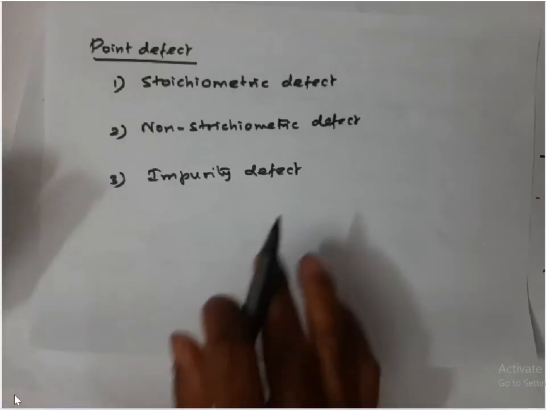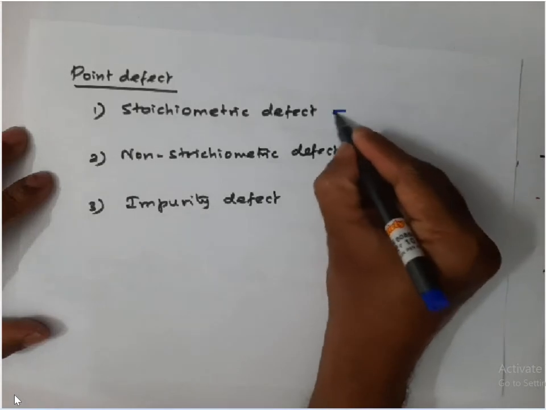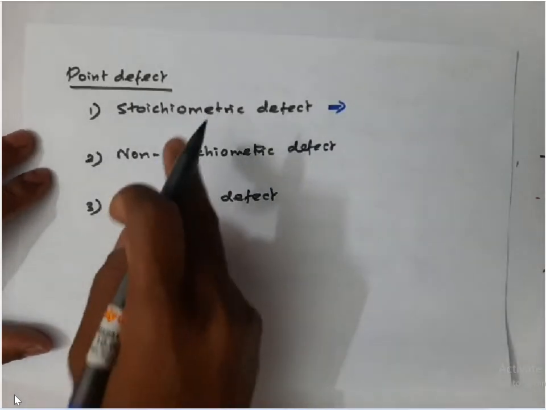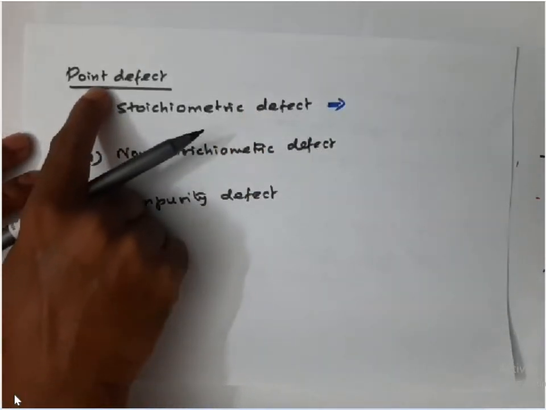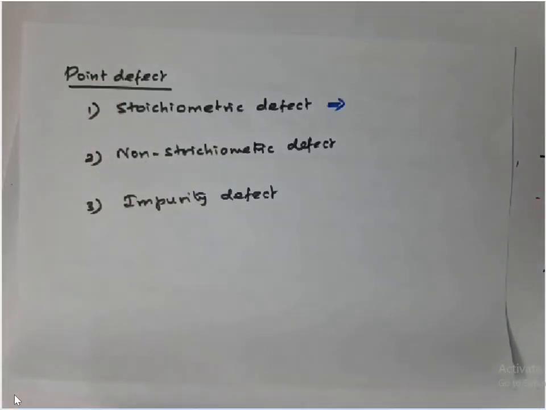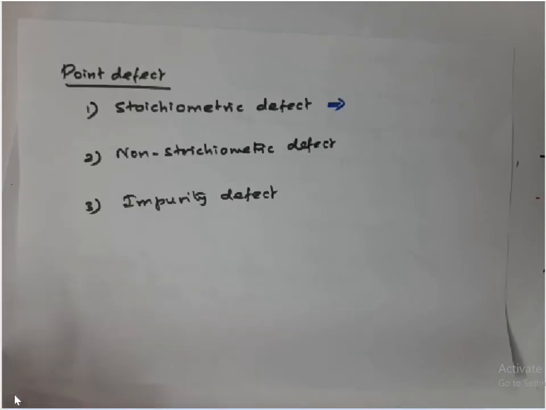What is meant by stoichiometric defect? Listen, I told you defect arises, and very specifically we are going to focus on point defect. Point defect arises due to the missing of particles from their respective positions, or due to the dislocation of particles.